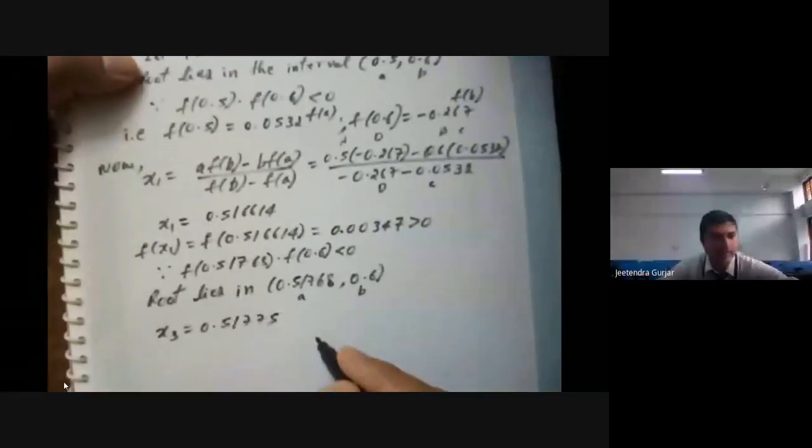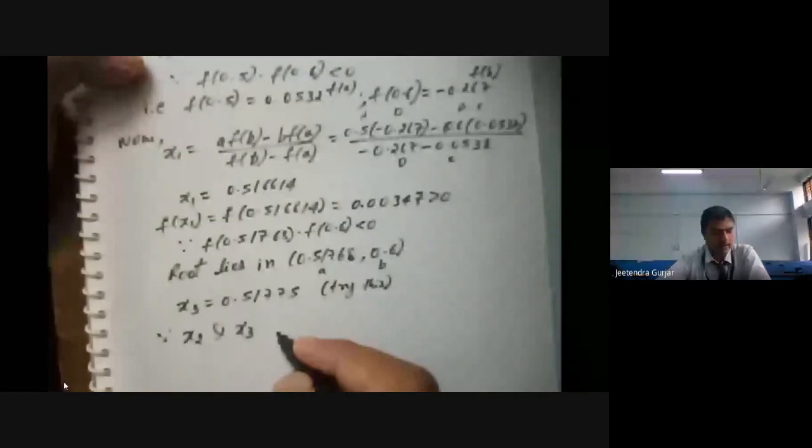I have just verified the x3 value. Try this. Directly I have written here, but you have to try this value, and then you can find that the next will become the x2 value. No problem. So therefore, I will take the value as x2 and x3 are identical.